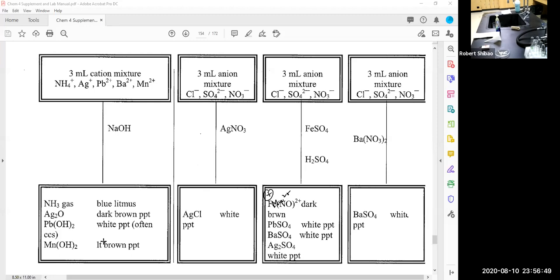Ammonium is apparently missing from the kit here. I didn't realize it's missing. I'll do the ammonium a little bit later. I'll have to dig around for some ammonium, unless I have some on this other card. Let me check this other card.